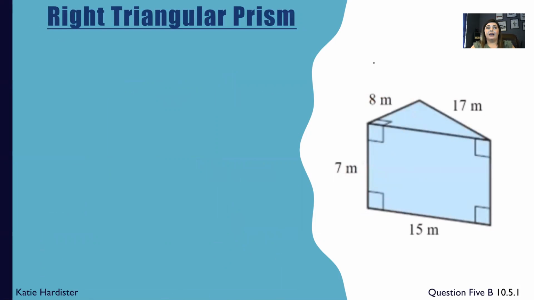So taking a look at the right triangular prism, and something that I want to point out, there are many different kinds of polygons or shapes, and whenever we say a right triangular, or whatever the shape may be, that means that it forms right angles. So with that, we see right here the little square.